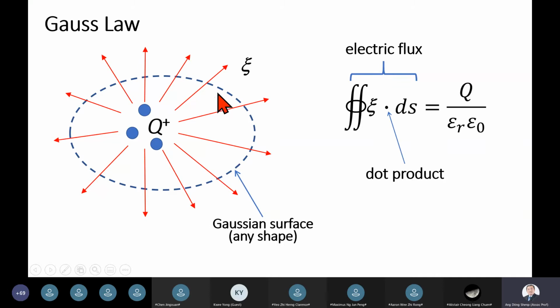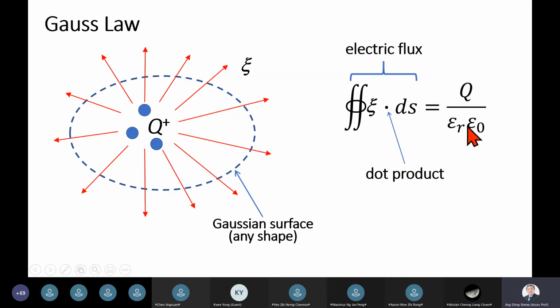Gauss law says that if you draw any surface enclosing the charge, and you take the dot product of the electric field and the surface vector of the surface you have drawn, and then you integrate this throughout the entire surface, or you sum them up throughout the entire surface, which is what integration basically means, then on the right side, you have Q divided by the permittivity of the medium where the charges are present.